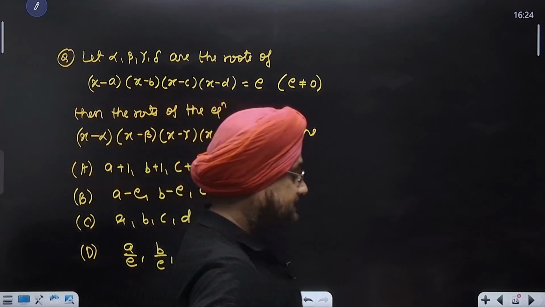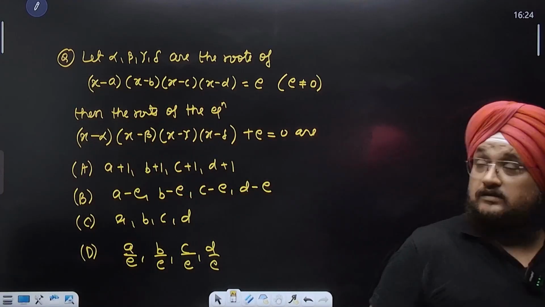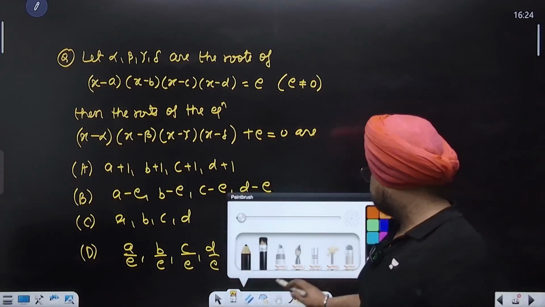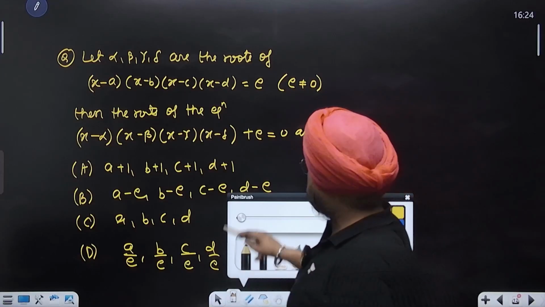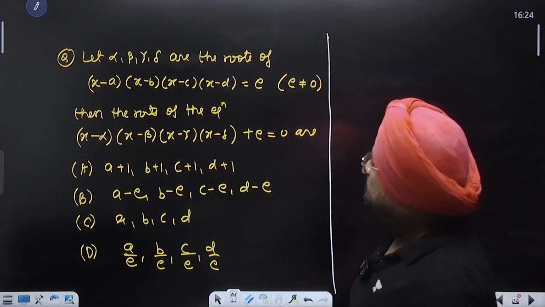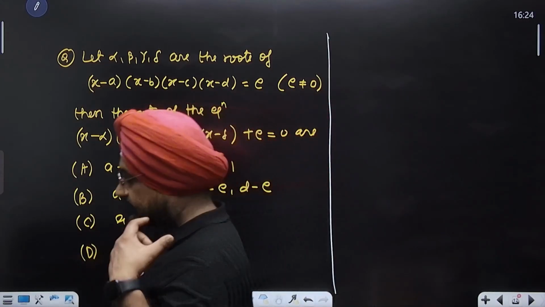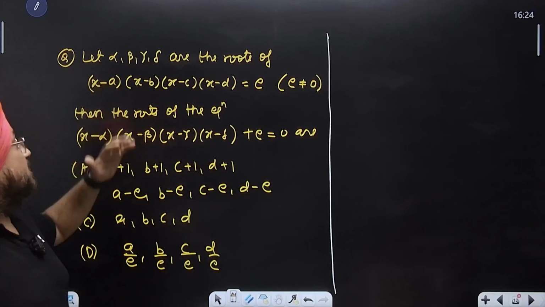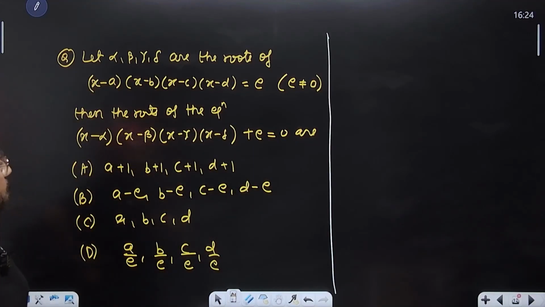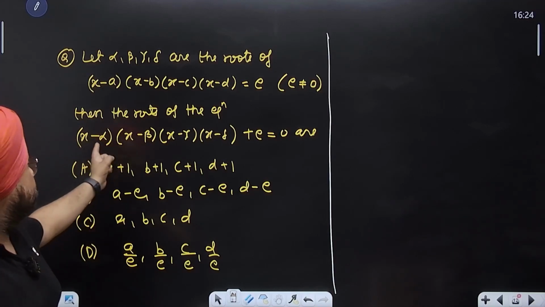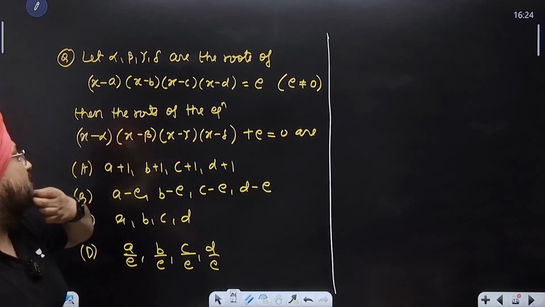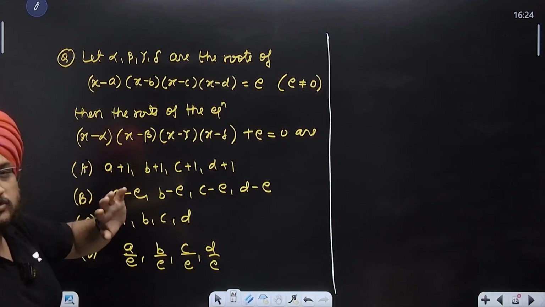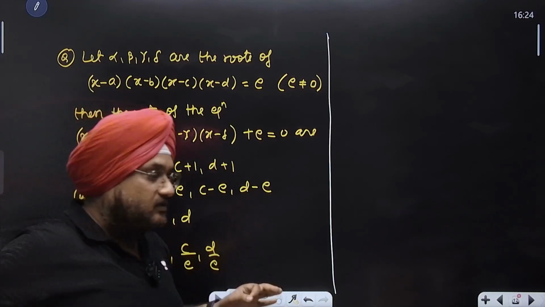Okay. See, this is a biquadratic equation. We are given 4 roots as alpha, beta, gamma, delta, and we have to find the roots of this equation x minus alpha, x minus beta, x minus gamma, x minus delta.